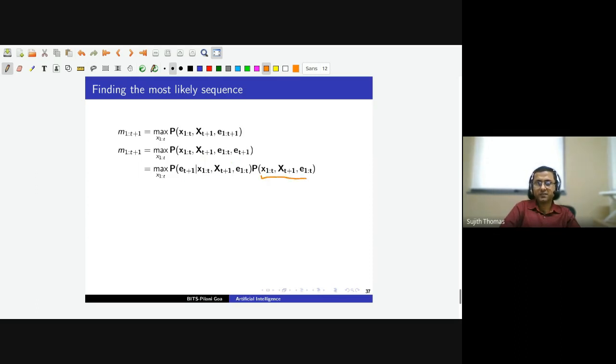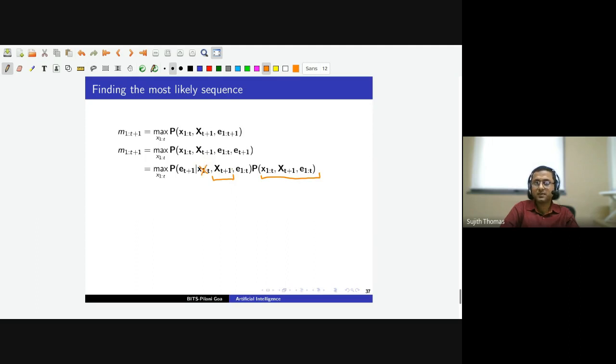the remaining variables. The reason for doing this is if the hidden variable at time step t+1 is given, then the evidence at time step t+1 is independent of the previous variable values. So this we have been seeing in the previous lecture. So the first conditional probability is independent of the other variables because x t+1 is given.